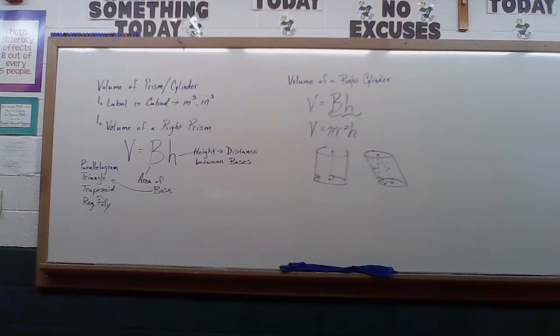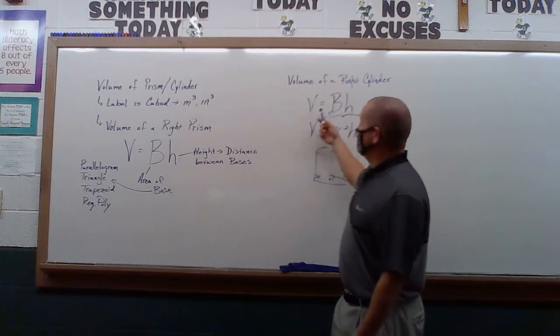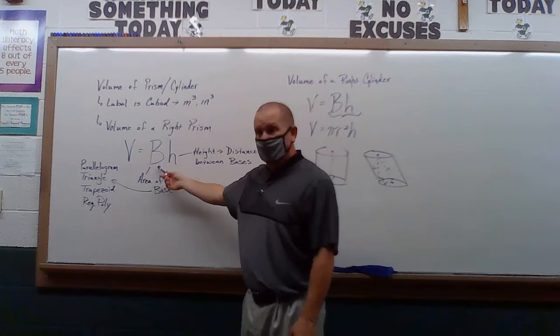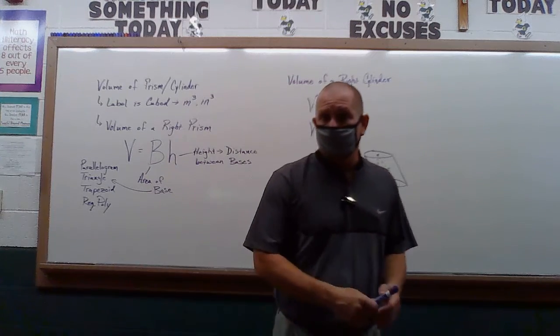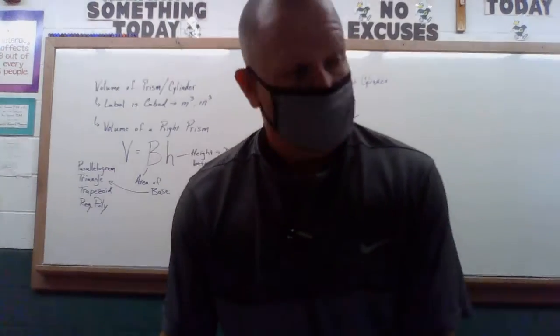I could use trigonometry in that also, and we'll show you examples of that too. So realistically, when you get to volume, it does simplify a little bit because it is the exact same formula. You just have to know how to manipulate that capital B, meaning what it is actually going to be. Okay? Piece of cake, right?